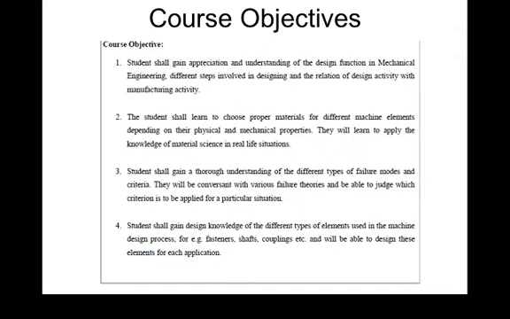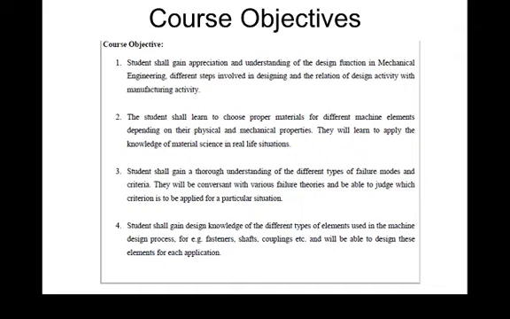They will be conversant with various failure theories and be able to judge which criterion is to be applied for a particular situation. When a component fails, there are different failure modes. Depending on the type of failure mode, we can judge the criteria of what type of forces can be sustained by a particular component.